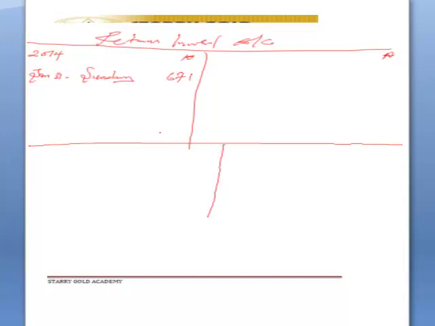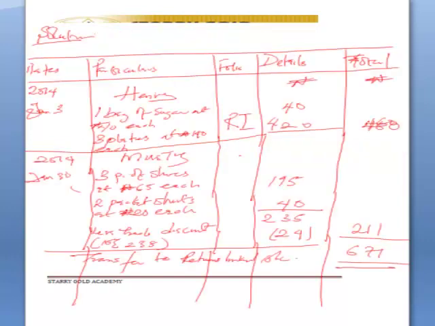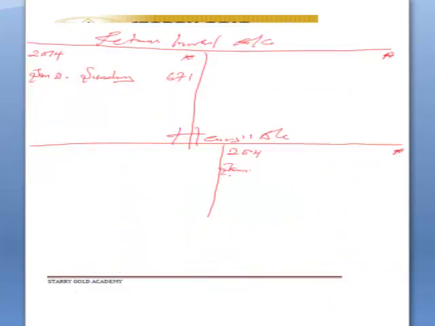So here we'll be having the first customer, Henry account, 2014 January. What date did he return? On January 3rd, he returned a total sum of 460. So returns inward, 460.